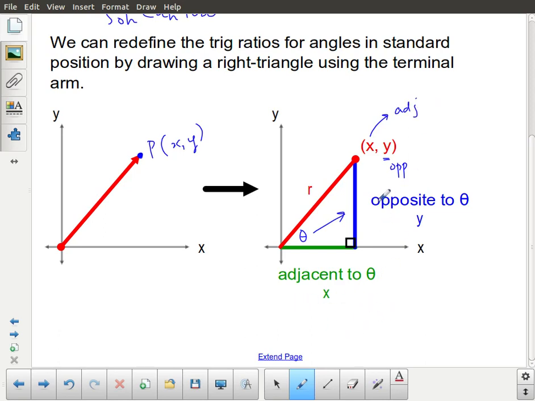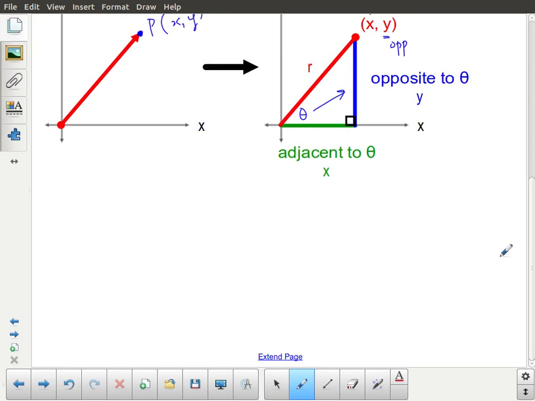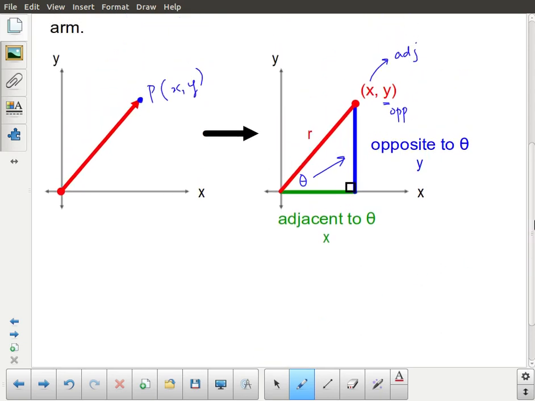So in terms of what I've got written here, using these coordinates x and y, I can now write that the sine of theta, where theta is this angle between the initial arm and the terminal arm, the sine of theta, which is opposite over hypotenuse, turns into y divided by r.